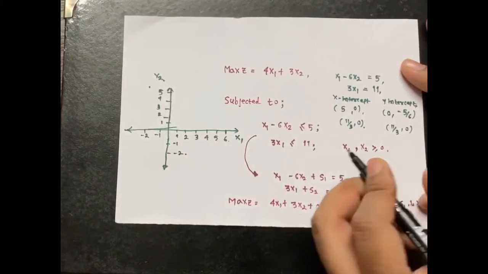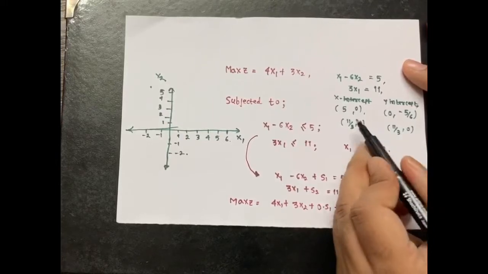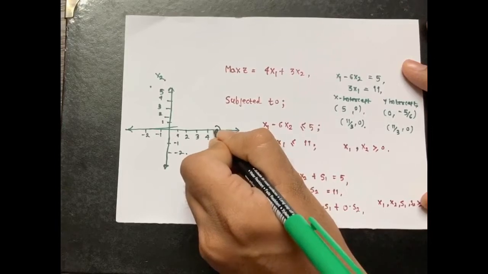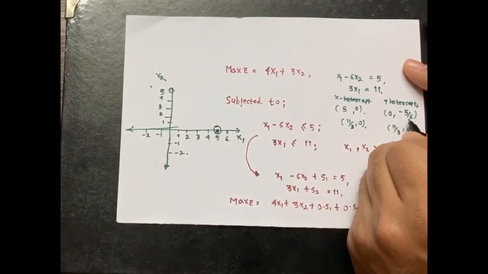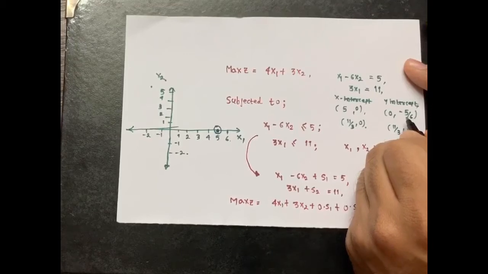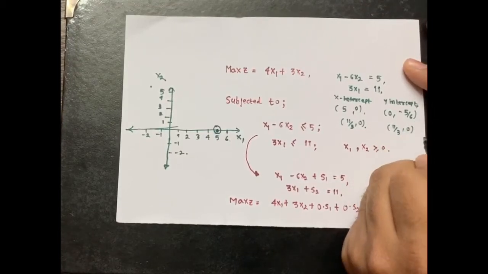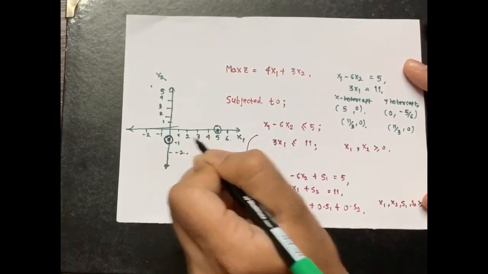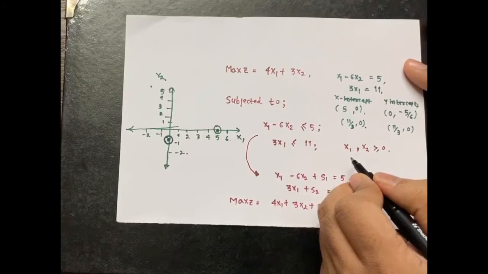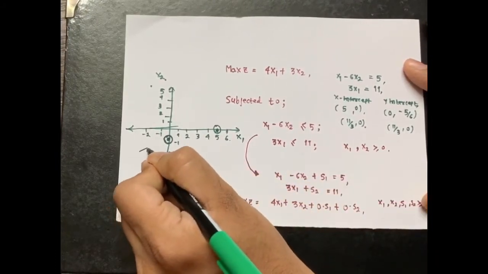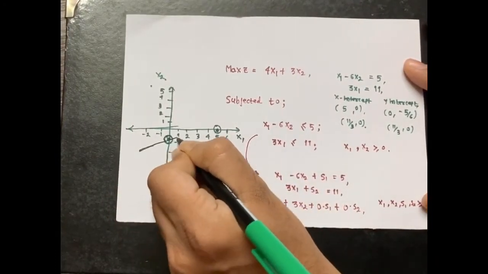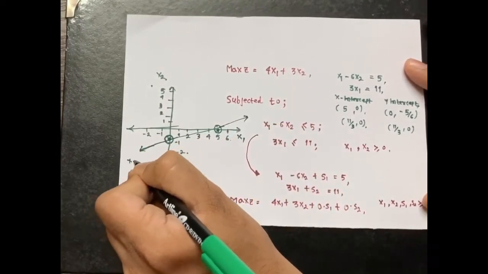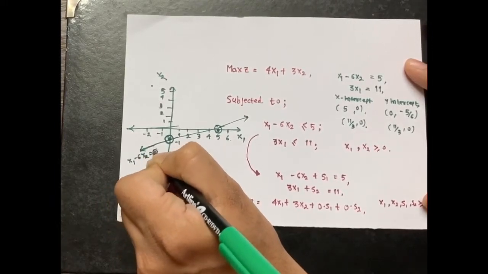Now if I make an attempt to plot these two lines, for the first line it is 5, 0, and the second one is 0, minus 5 by 6. So minus 5 by 6 is actually greater than minus 1, so that will be somewhere over here. So this is the line that I am getting for x1 minus 6x2 equals 5.